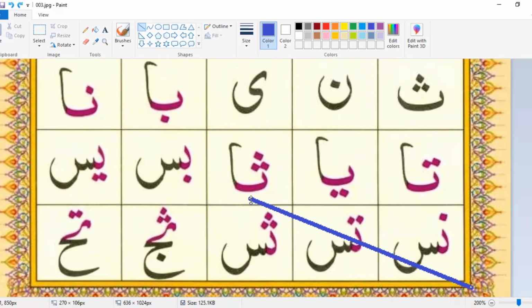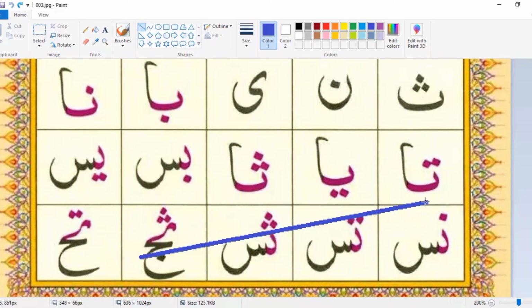The difference is just the difference of dots. So here ba has one dot at bottom, noon has one dot on top, ta has two dots on top, ya has two dots at bottom, and sa has three dots on top.